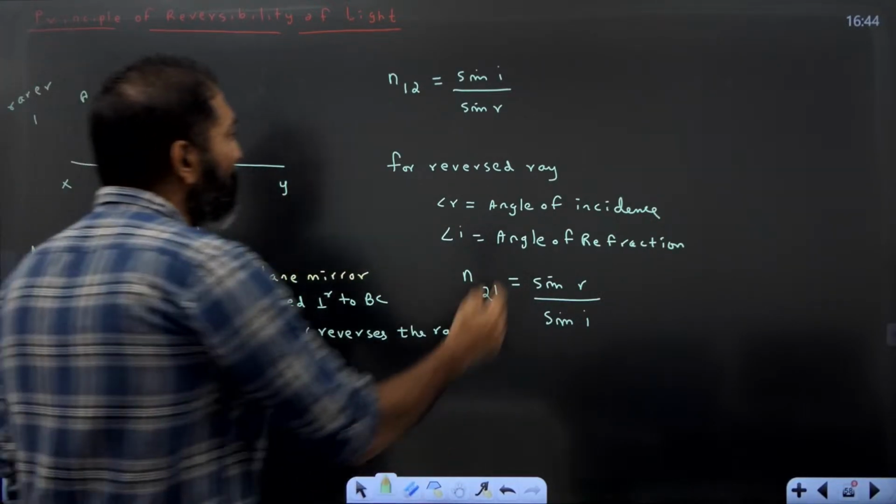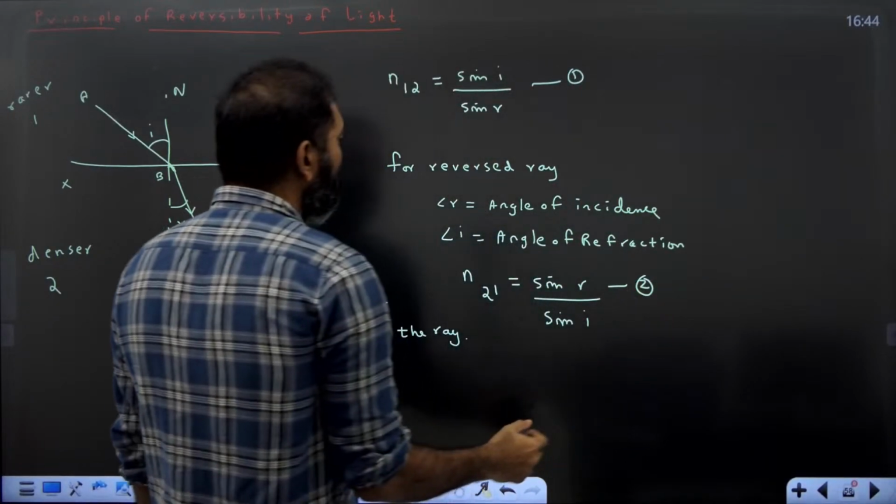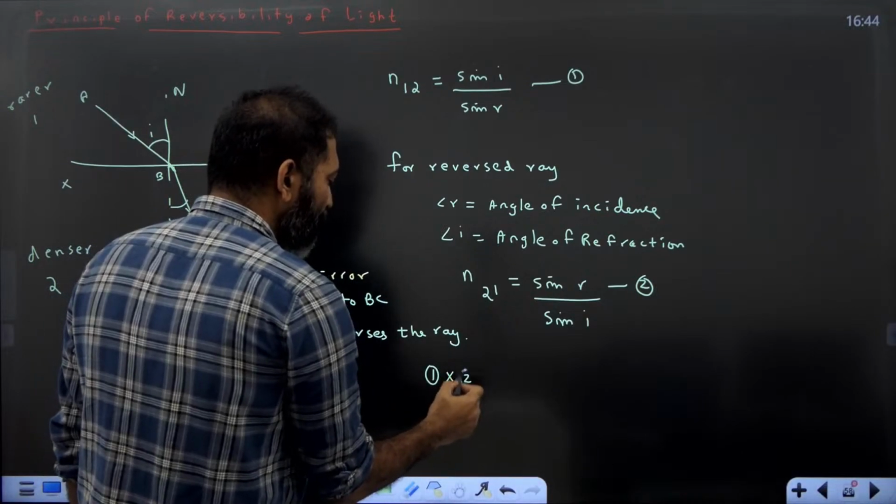Now let this be equation 1 and let this be equation 2. So what are you getting? Multiply equation 1 and equation 2.